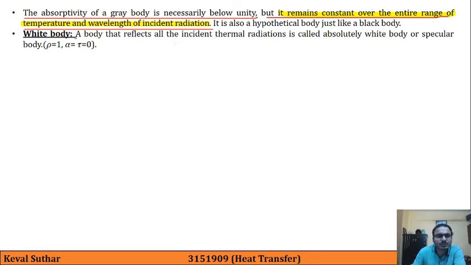The next is white body. A body that reflects all incident radiations is called absolutely white body or specular body. So here the reflectivity will be 1, that is everything will get reflected. So absorptivity and transmissivity will be 0.